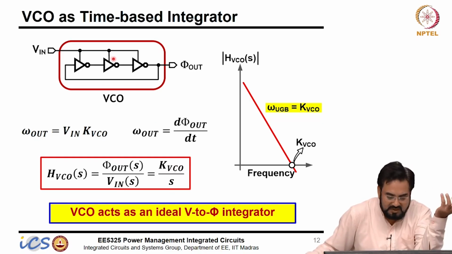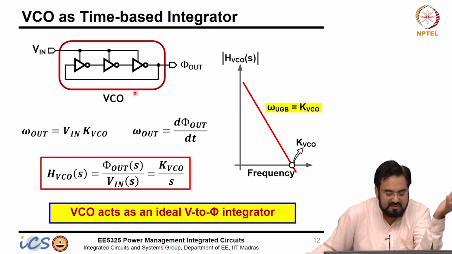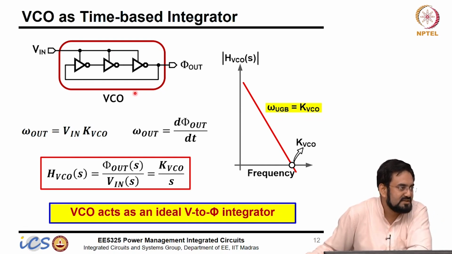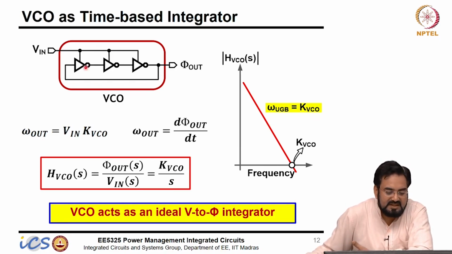And people who are taking a PLL course will understand this even better. So KVCO over S, and when you model the PLL, you model the VCO as an integrator. So the VCO is acting as an integrator. This is simply 3 inverters connected back to back, where output and input are shorted.